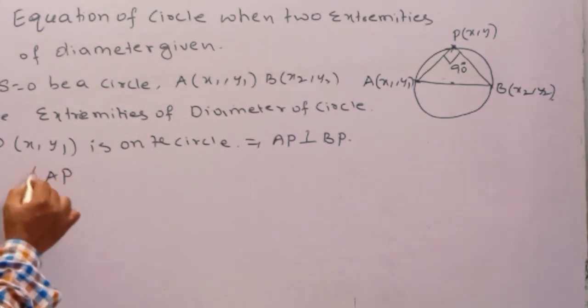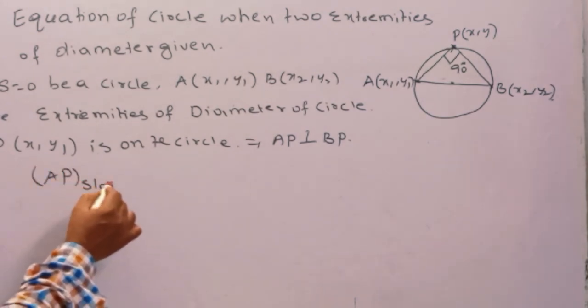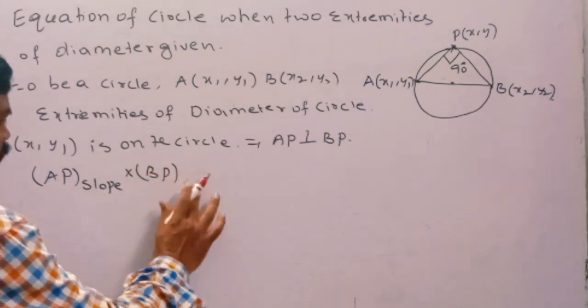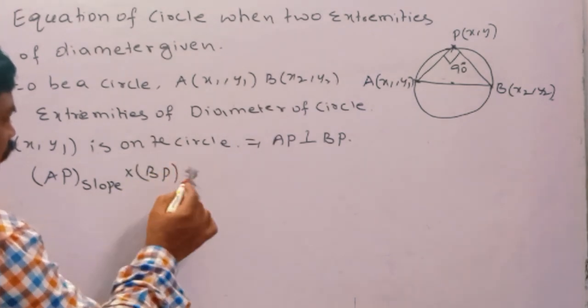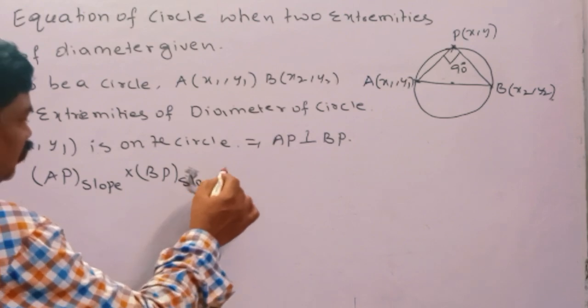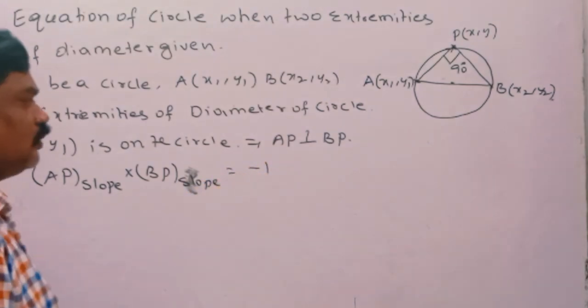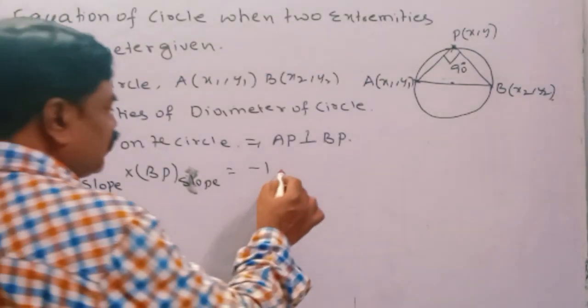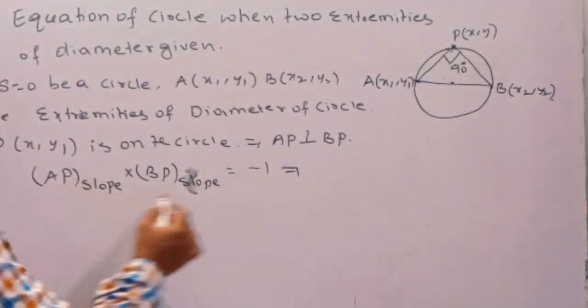So AP slope into BP slope is equal to minus 1. Why? Because AP is perpendicular to BP. Then what is the AP slope?